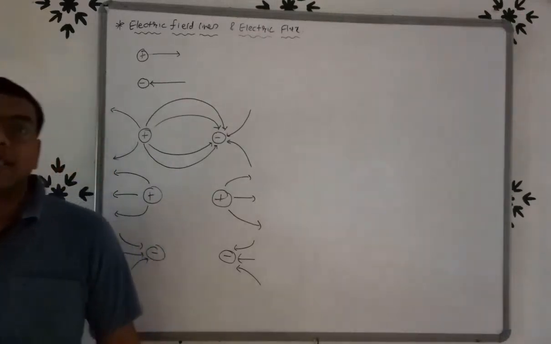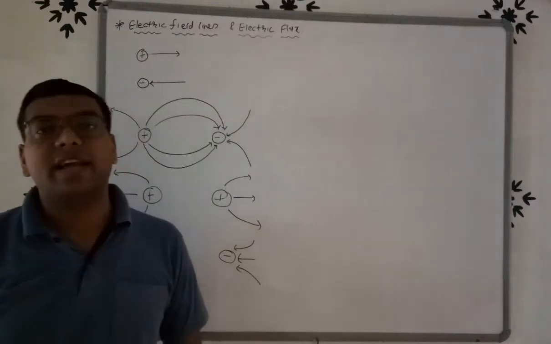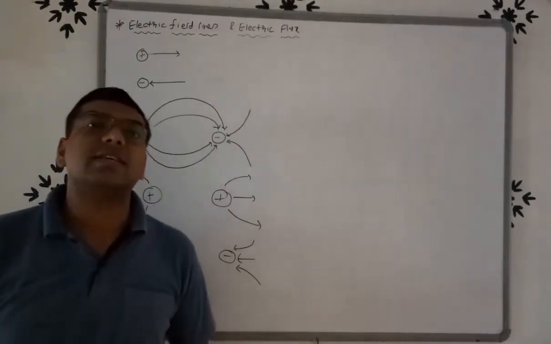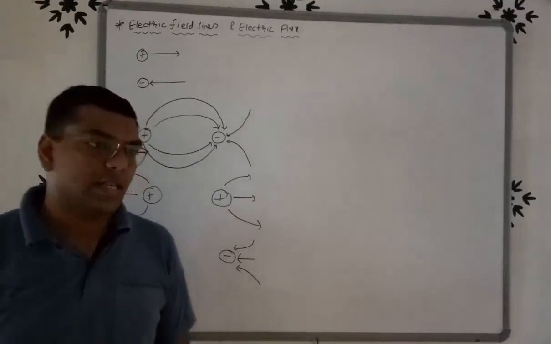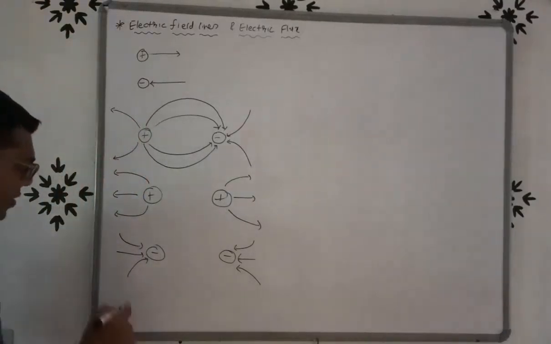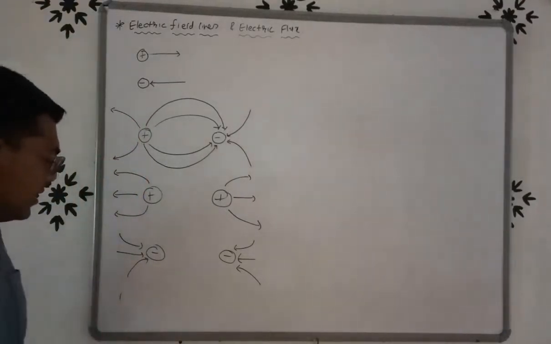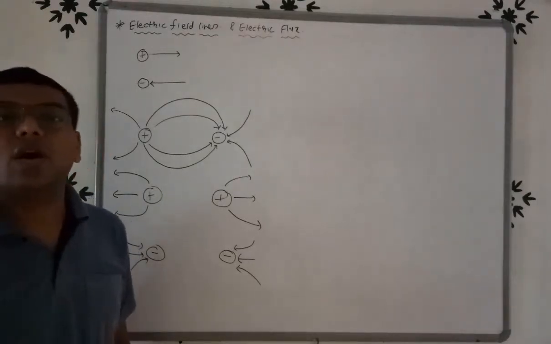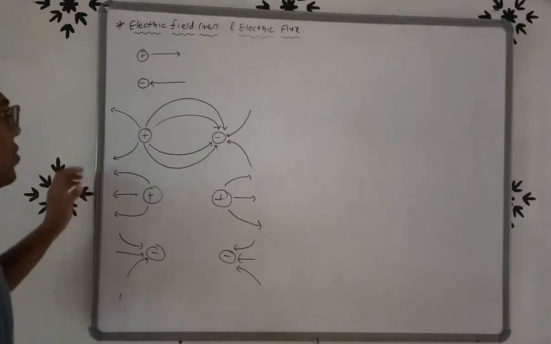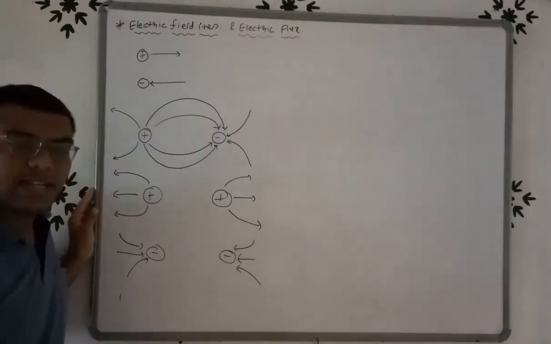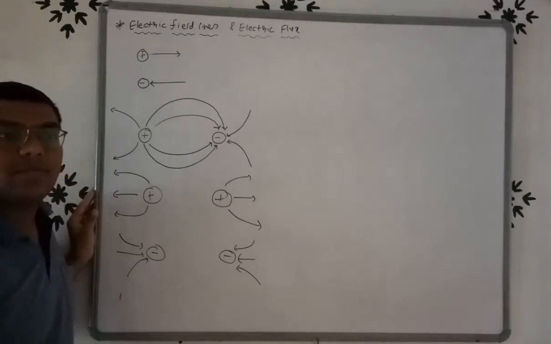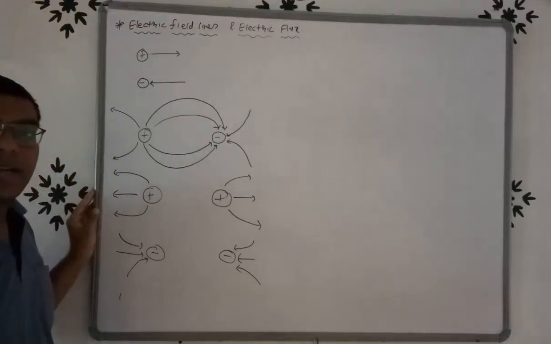Now, what are the characteristics of field lines? The question is like this: give the characteristics of electric field lines. The first characteristic is, if we draw a tangent to the electric field lines, then this tangent gives the direction of electric field.